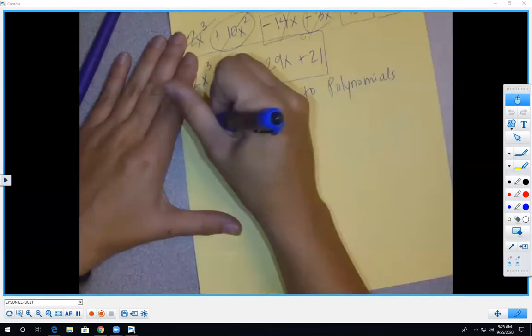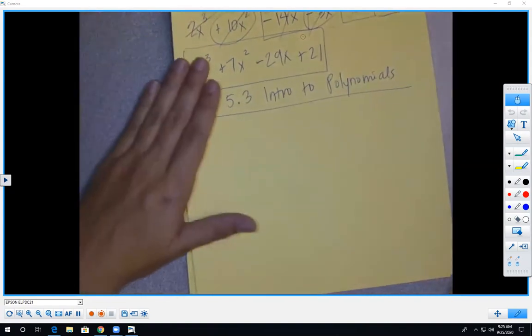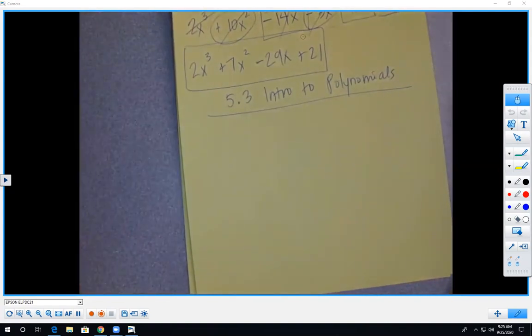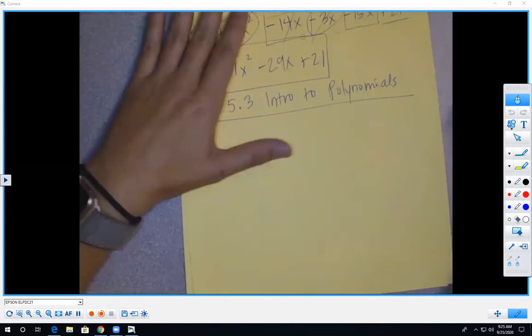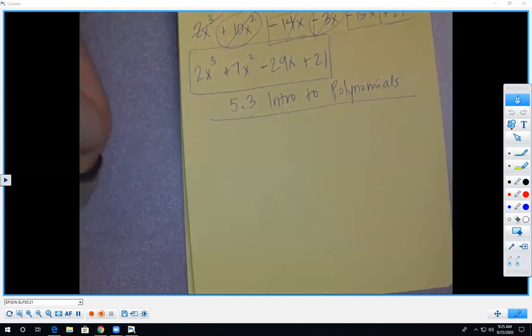Okay, so polynomials, this is one of my favorite things to teach. I love talking about polynomials. A polynomial is an equation that just has a variable and an exponent in it.